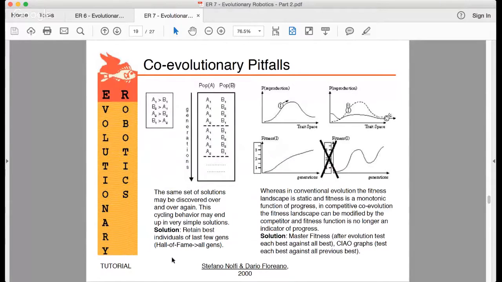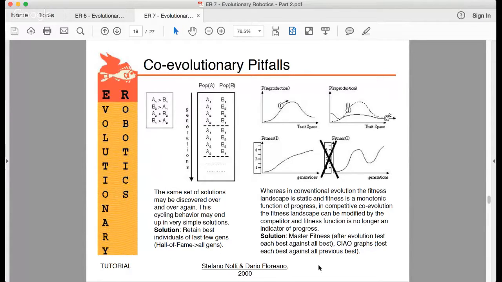All right. So next we have coevolutionary pitfalls. Everything has pros and cons. So on the left side of the slide, you can see that the same set of solutions may be discovered over and over again. So this cycling behavior may end up in very simple solutions. The solution in this case is retain best individuals of last few generations.